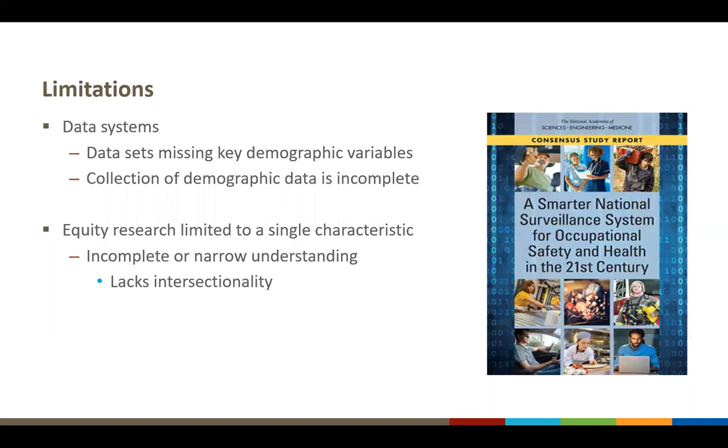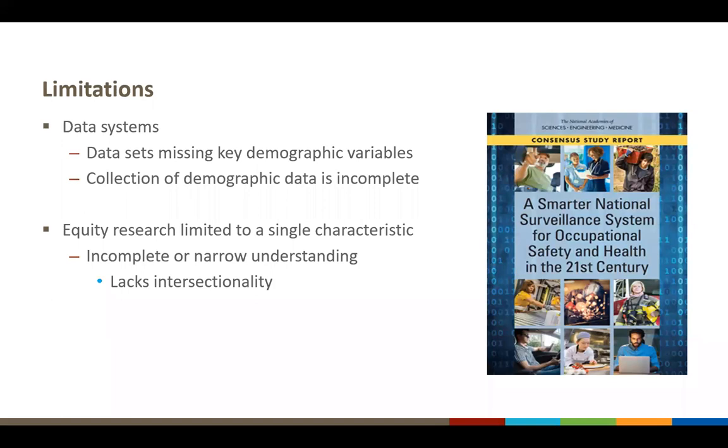Alternately, we find that some data systems do incorporate items related to demographic data, but oftentimes those items aren't completed, because the people filling out the forms, often employers, don't fill out that section. And so there are limitations to those data.